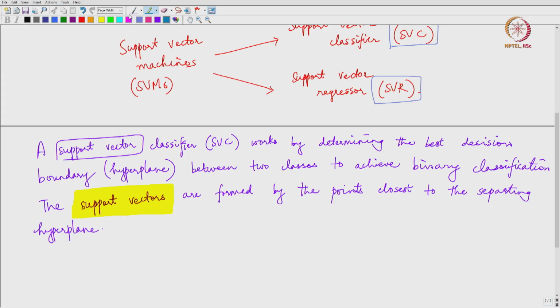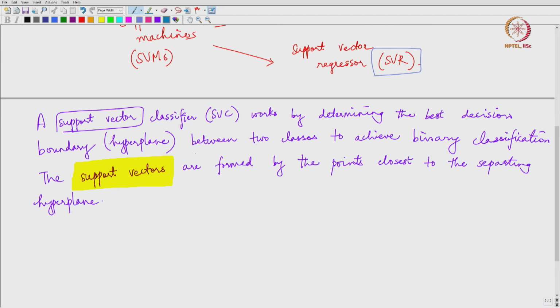Now, depending on how strictly the classifier works, you can allow for some errors or you may not allow for any errors. The support vector classifier can either be a hard margin classifier or a soft margin classifier, and this is something we will go into some level of depth.